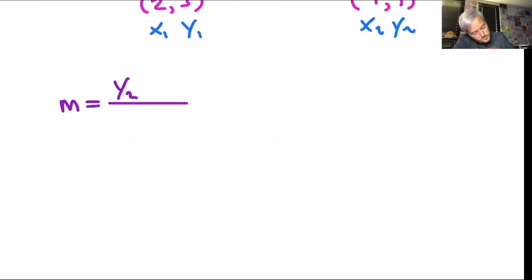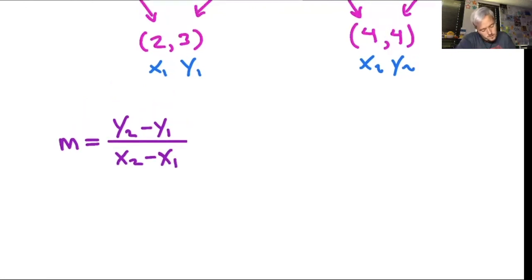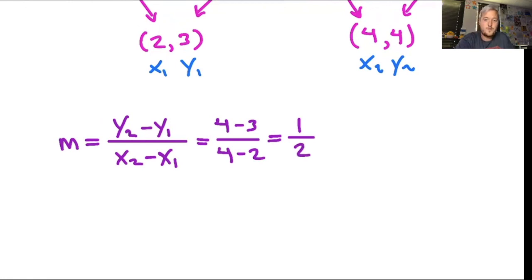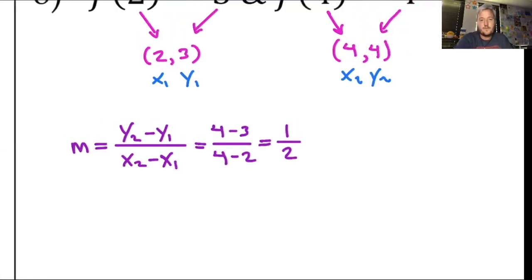So y2 minus y1 over x2 minus x1. All right, so y2 minus y1, so I'm going to have 4 minus 3 over x2 minus x1, which is 4 minus 2. So 4 minus 3 gives you 1 over 4 minus 2, which gives you 2. So we have a slope of 1/2.